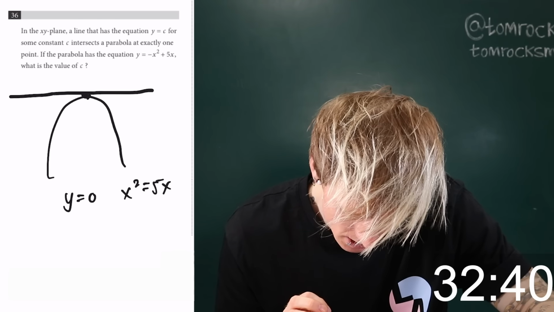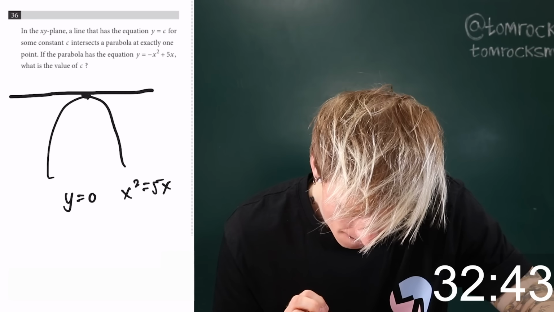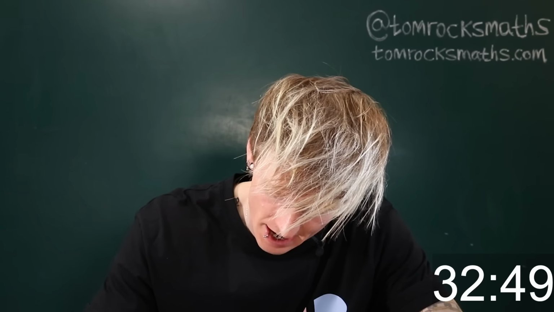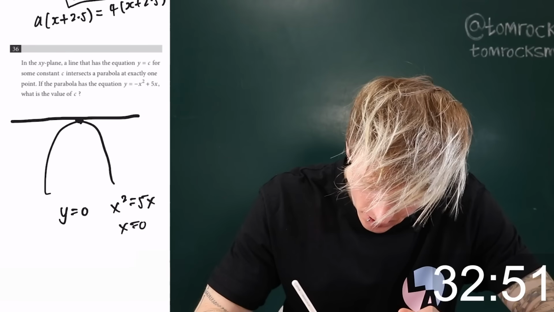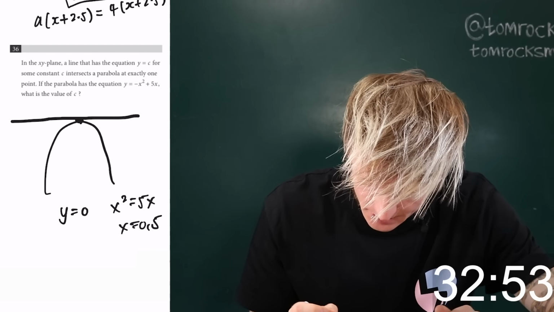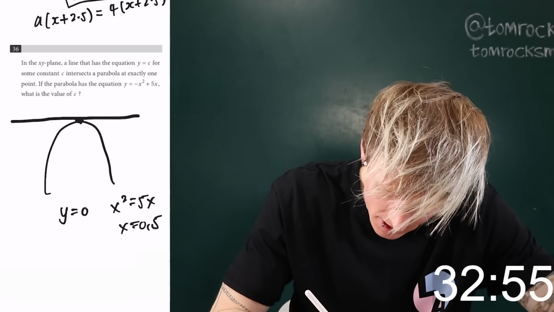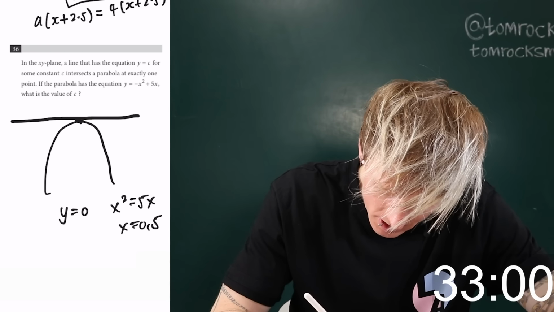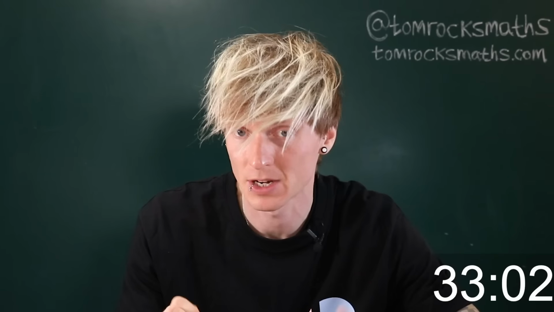Interesting. So when y is 0, x can be 0 or 5. So the actual axes have 2 intersection points, right? Bad drawing here. Okay, let's go again. I think I've got the idea.